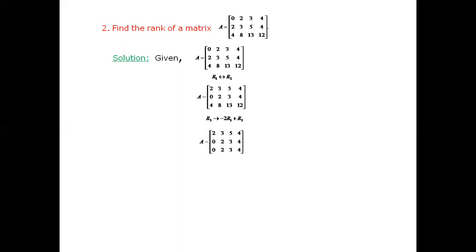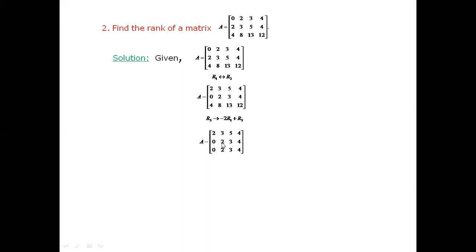So in the second stage, we concentrate on second row. So that means we will check what is the leading entry of second row. And if that is non-zero, we'll make elements below that leading entry 0 using row operations. So the second row leading entry is second element, that is 2. And this is non-zero. So we'll keep first and second rows as it is.